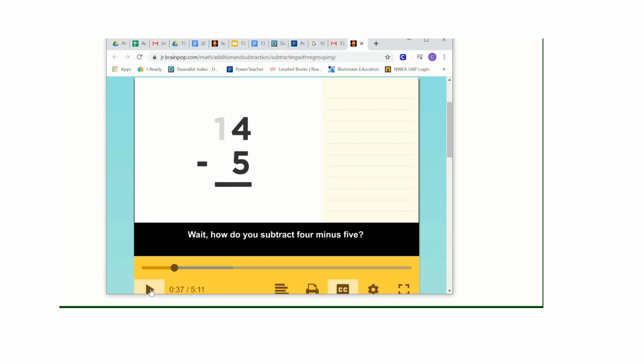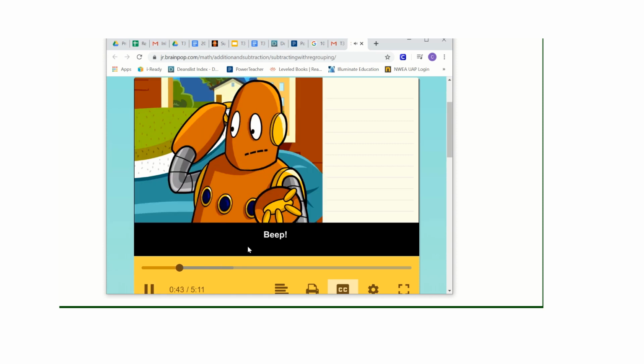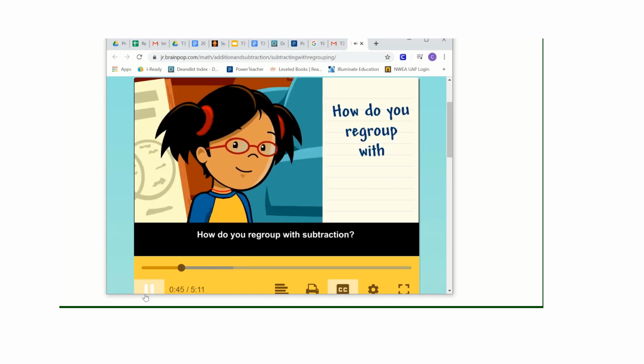Let's see what she does. Whenever you don't have enough to subtract, we are regrouping in subtraction. Let's see what Annie does in order to regroup with subtraction.